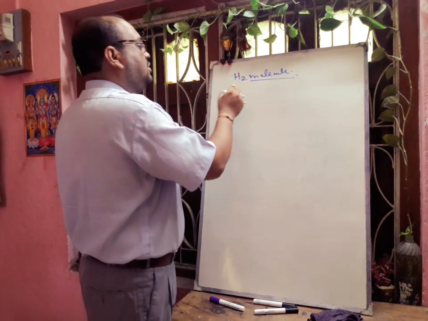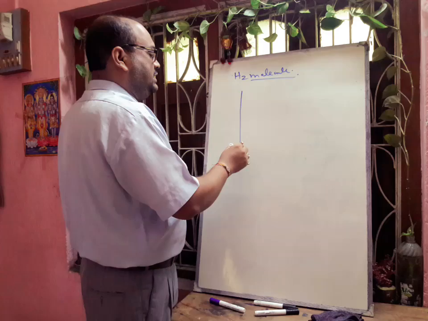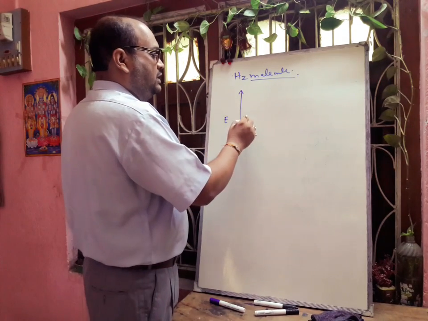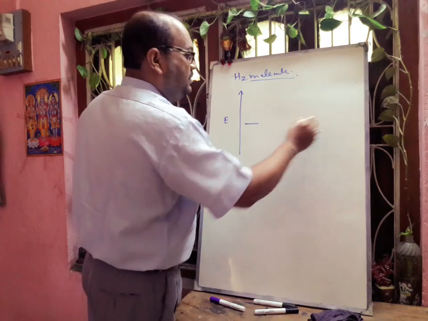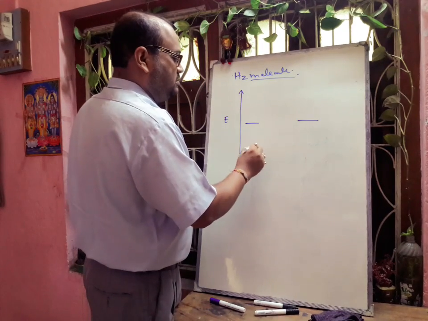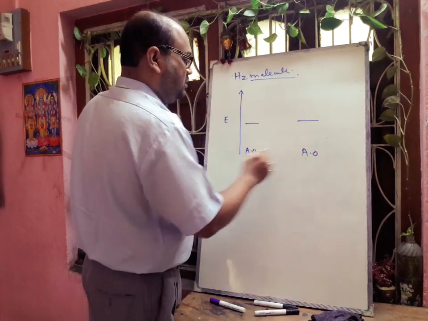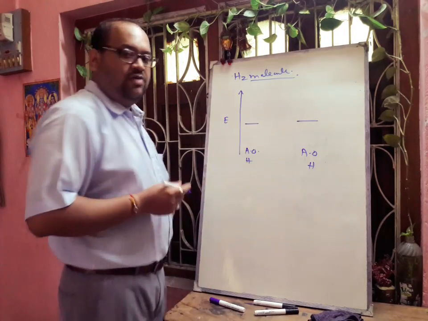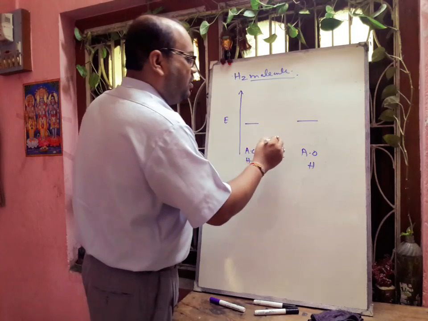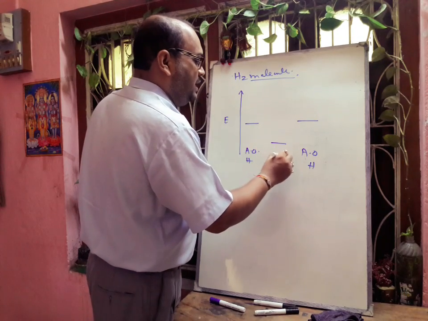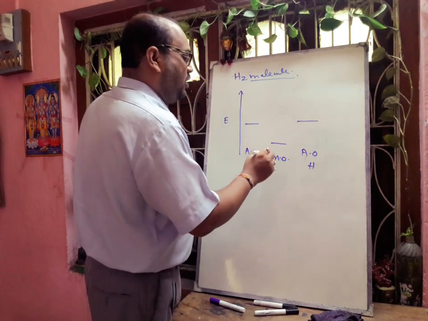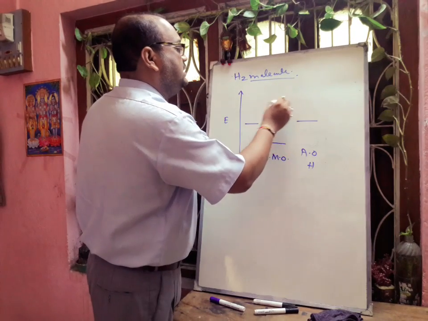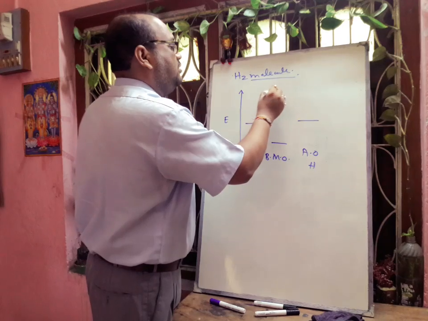Here this one is the energy, and these are the two atomic orbitals of hydrogen. Now these two atomic orbitals will combine and form molecular orbitals. One will be at the lower energy, that is the bonding molecular orbital, and another will be at the higher energy level, that is the anti-bonding molecular orbital.